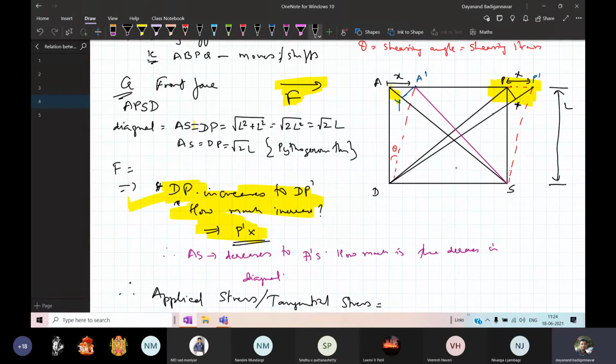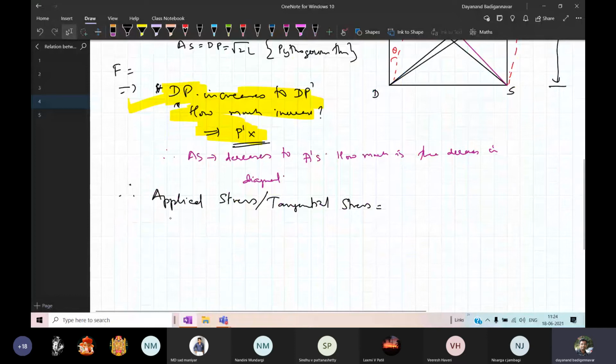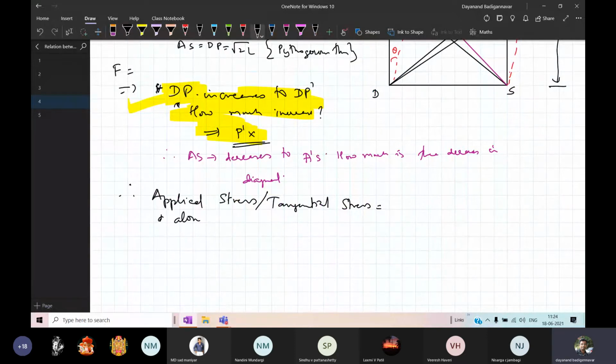This is along AP. The stress T, I will take as F by A. This is the force per unit area. This is how I define the tangential stress.